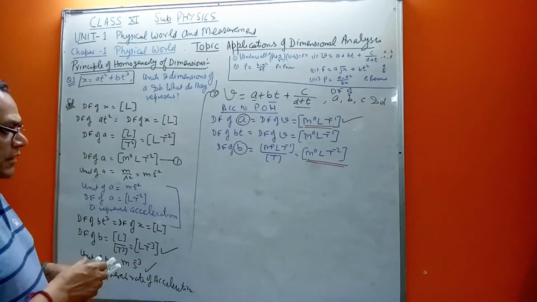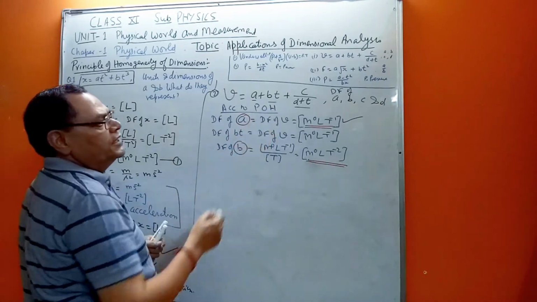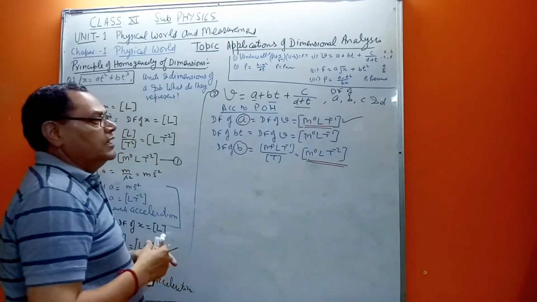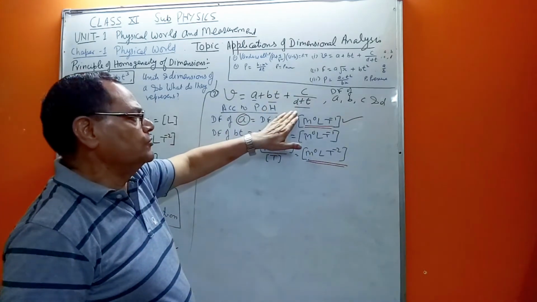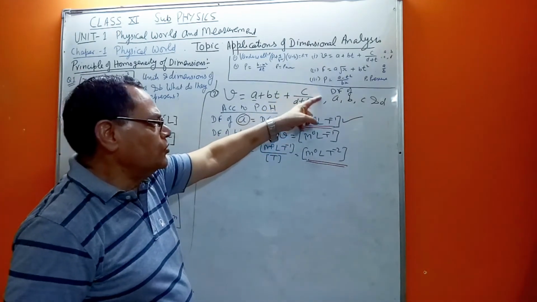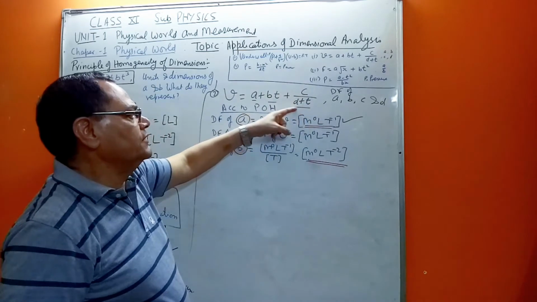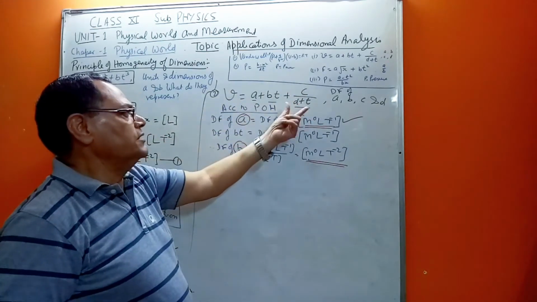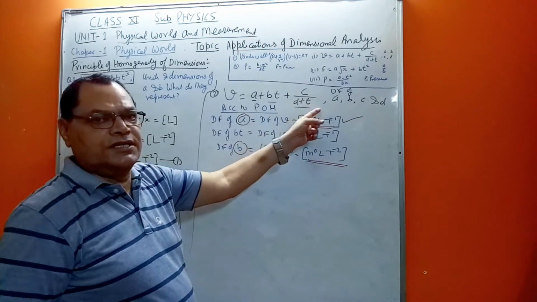Clear? Alright, so we need to find the dimensions of c and d plus t as well. Before getting c and d, no doubt this whole term will have the dimension of velocity, but in the denominator you have d plus t.